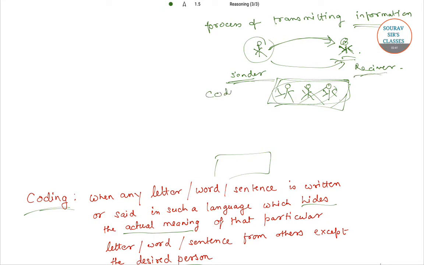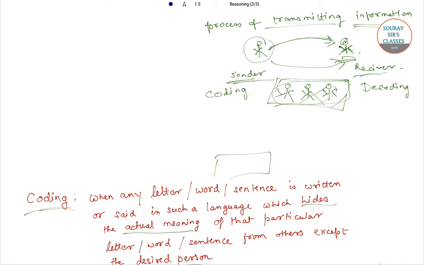So sender is doing coding and receiver is doing decoding. That is, he is tracing out the actual meaning of what is written in the transmitted information.